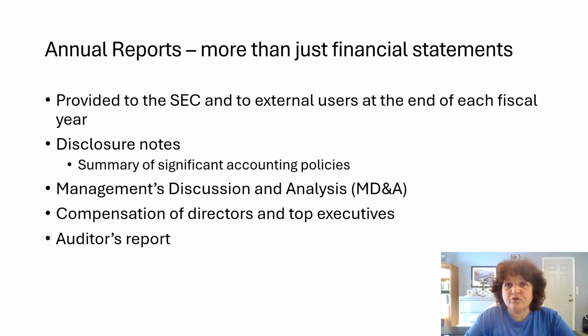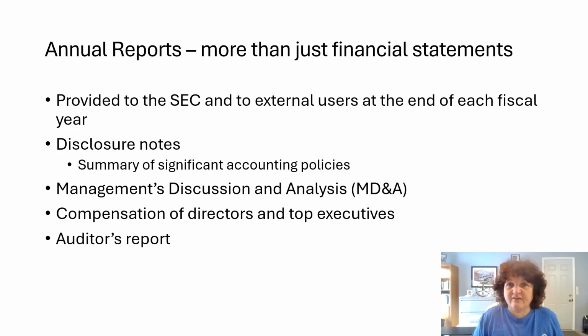And the annual report will also include an auditor's report, because the annual financial statements for publicly held businesses, these are publicly held corporations that we're talking about when we talk about the annual reports and getting audited. Private companies might be required to do an annual report and get audited as a requirement of their lenders, but they don't have to as a regulation of the government.